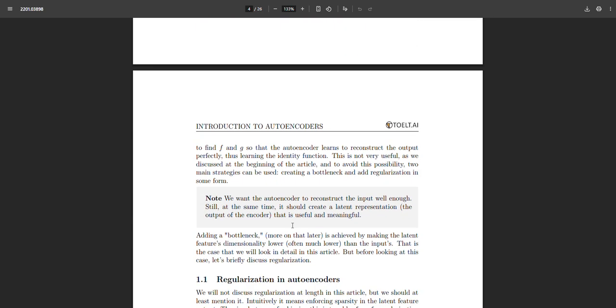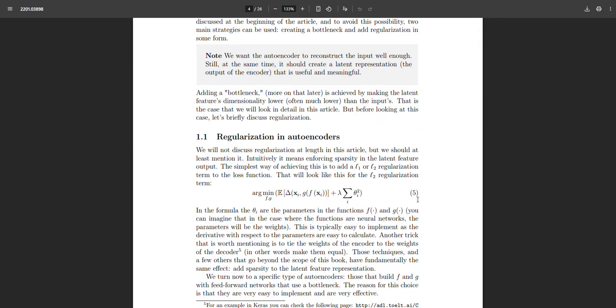The bottleneck is achieved by making the dimensionality of the latent feature much lower than the input's dimensionality n. This forces the encoder to compress the information, keeping only the most essential features required for reconstruction. This is the common case we'll focus on. But before we dive deeper into the bottleneck, we'll first identify the second crucial strategy, which is regularization.